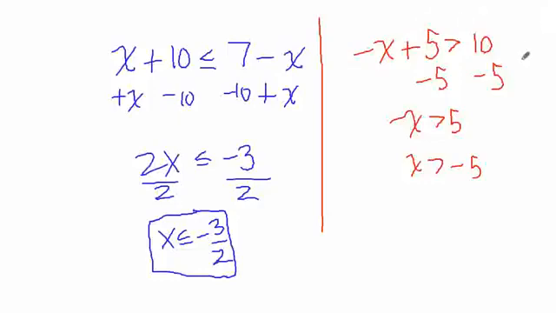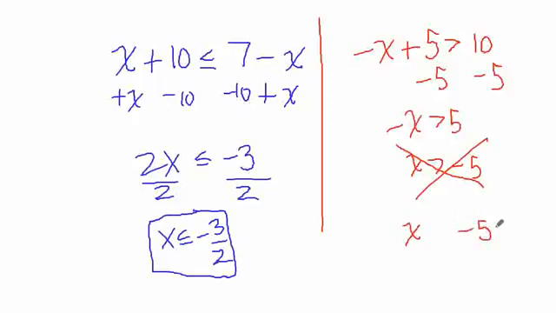So something went wrong. What went wrong was this here at the very end. Whenever you multiply or divide by a negative number, you need to change the inequality sign. So when I multiplied by minus 1, the minus x becomes an x, the 5 becomes a minus 5.